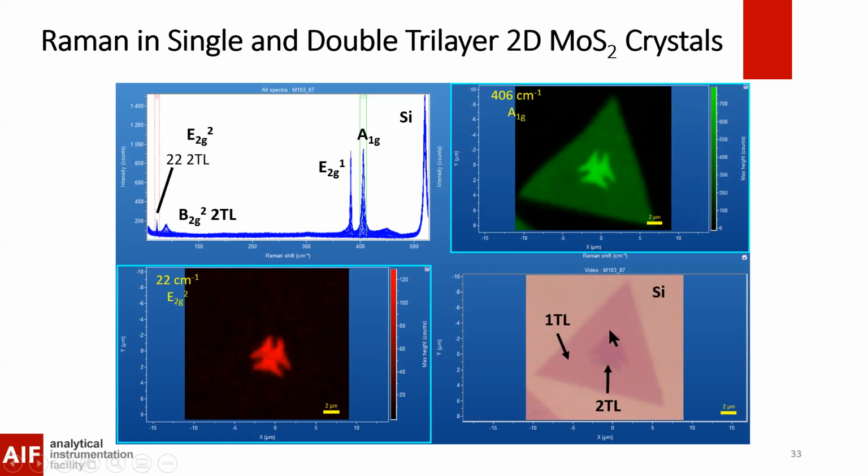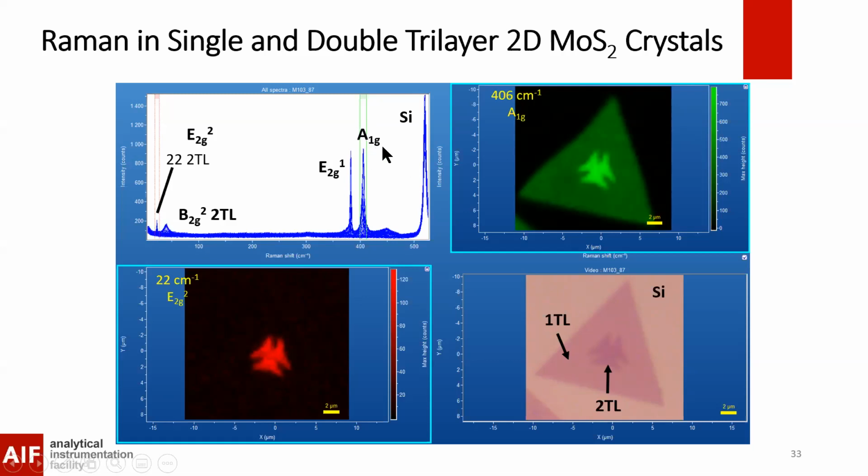So when we go through this position, at this two trilayer position, we can see the peak shown here, which is at 22. And this peak actually does not show in this one trilayer area. And if we use this peak to do the mapping, we can clearly see it is only showing in this middle area that represents the two trilayer structures.